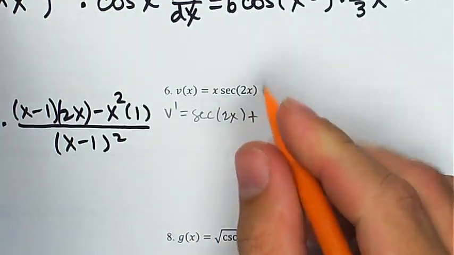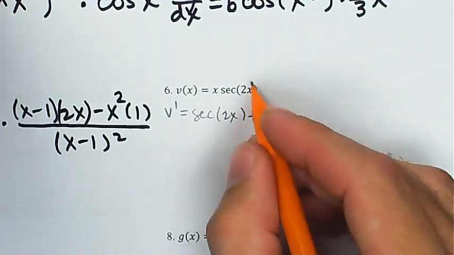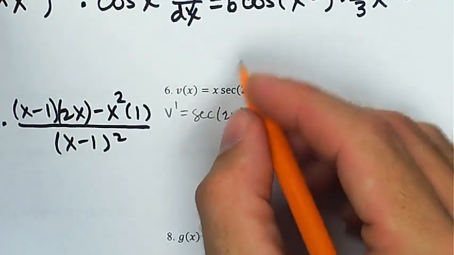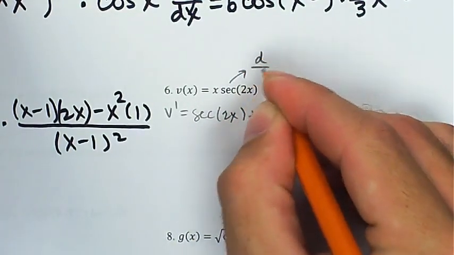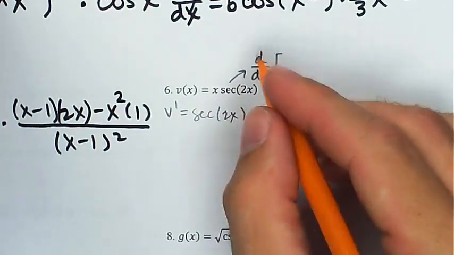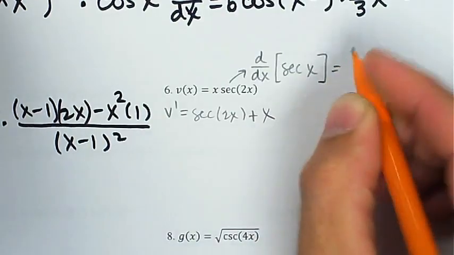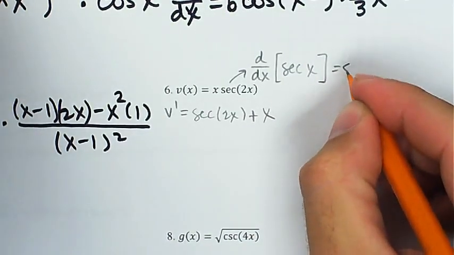Plus, I'm going to add in, leaving x the same, taking the derivative of secant of 2x. The derivative of, maybe you forgot, the derivative of secant x is secant x tangent x.